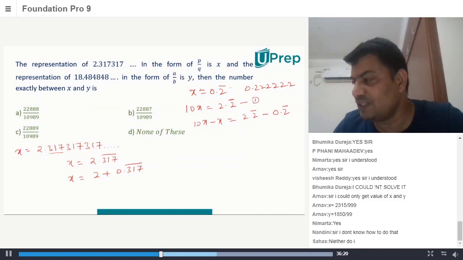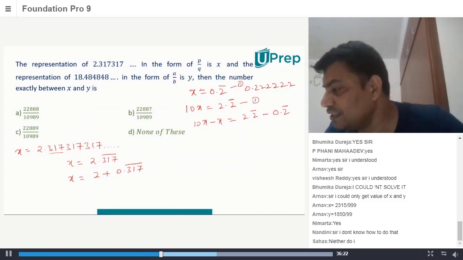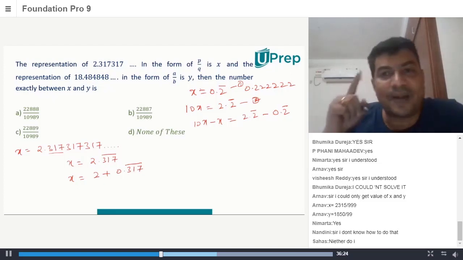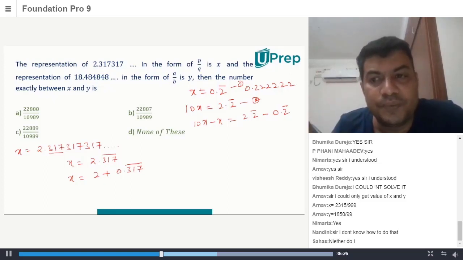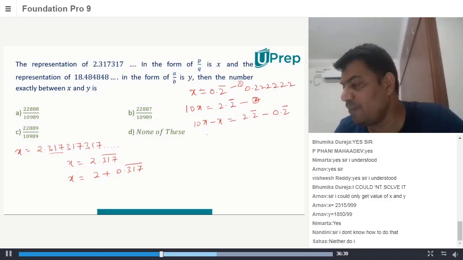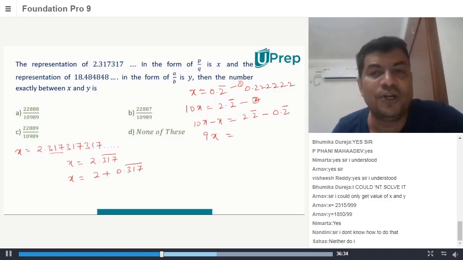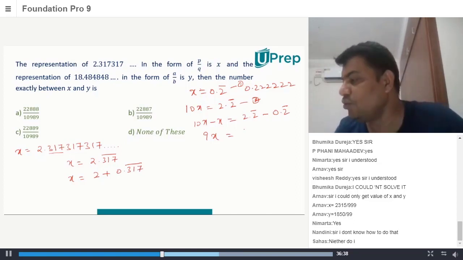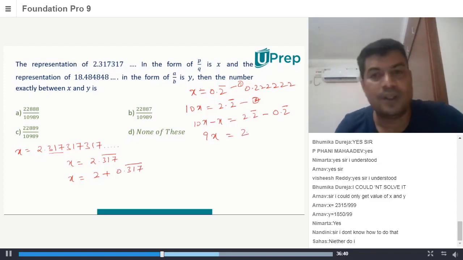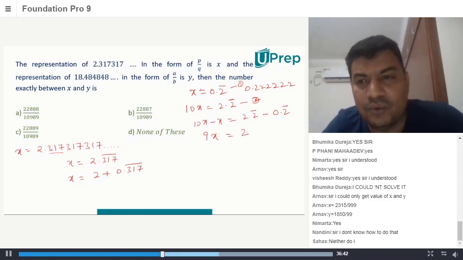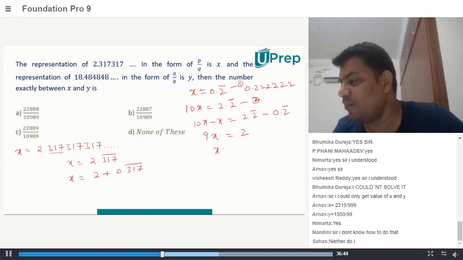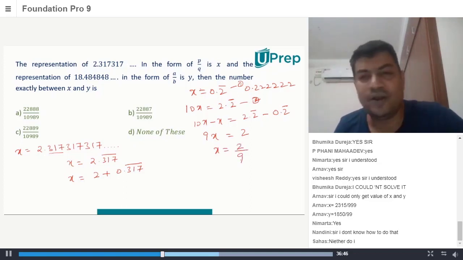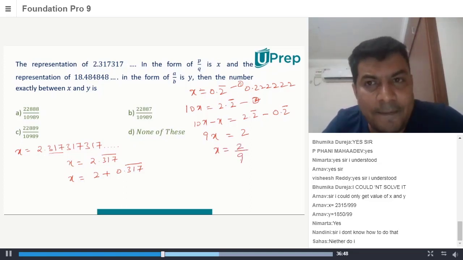The advantage is that 10x minus x becomes 9x, equal to 2.2 bar minus 0.2 bar. The 0.2 bar gets cancelled, so you get 9x is equal to 2. Therefore x will become 2 by 9.